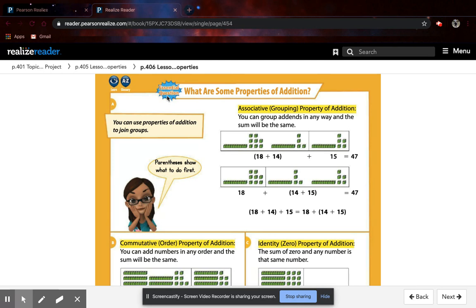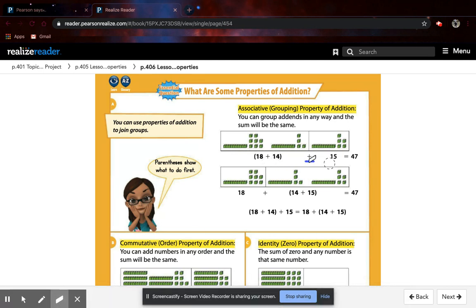So it can be kind of confusing, which I understand, but we just want to make sure that we're paying attention to our symbols, because if we look, we know it's a plus sign, so we're in the right place for addition. We don't have to worry about multiplying, even if it does have the same name, okay? So as long as we're paying attention to our symbols, we're okay.